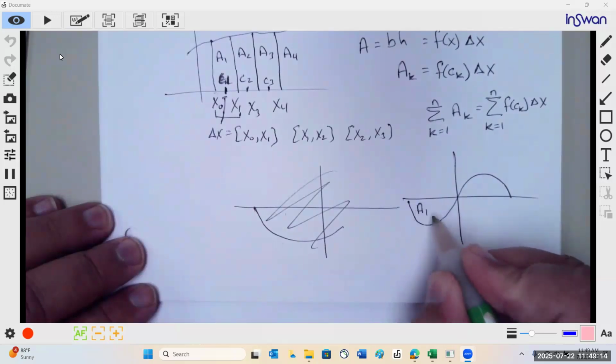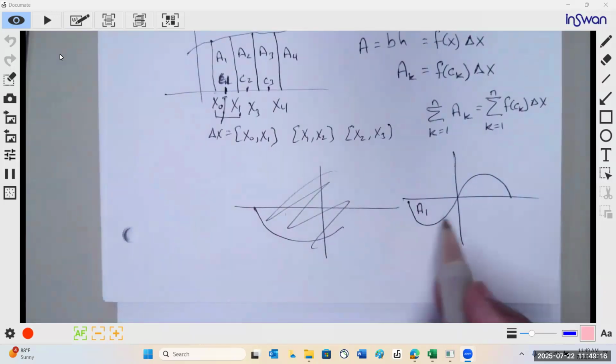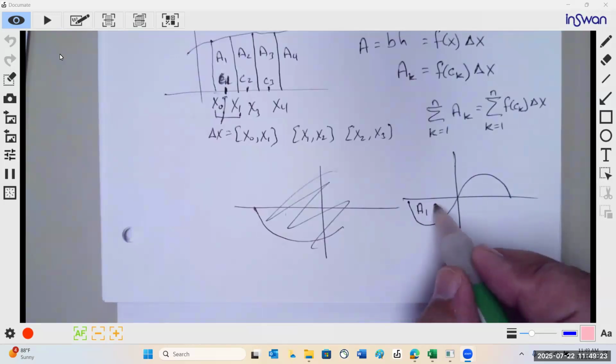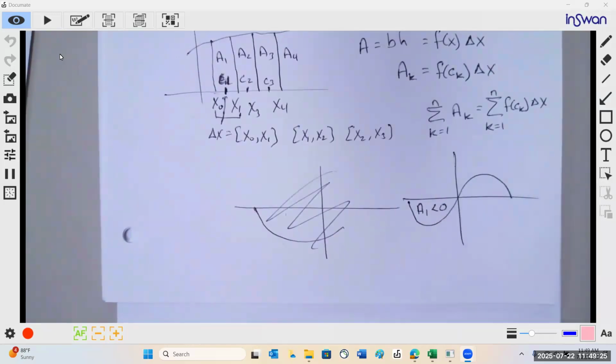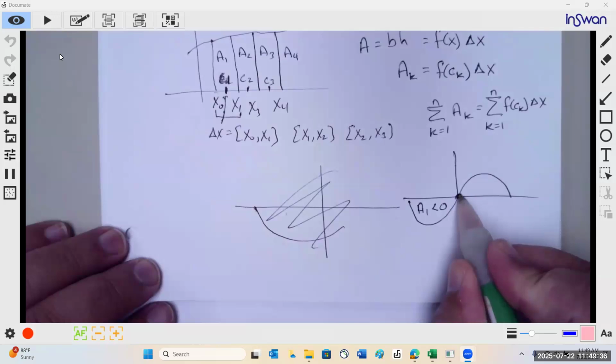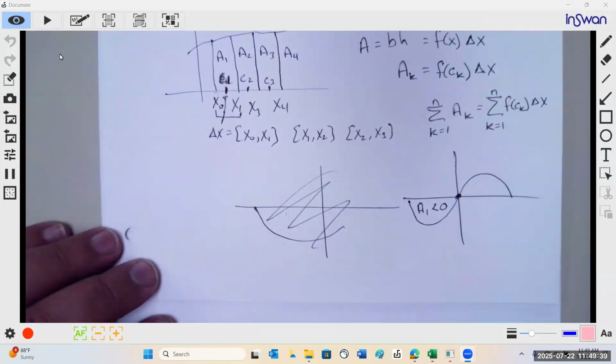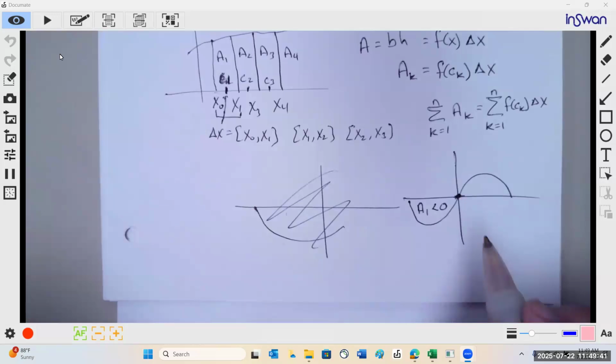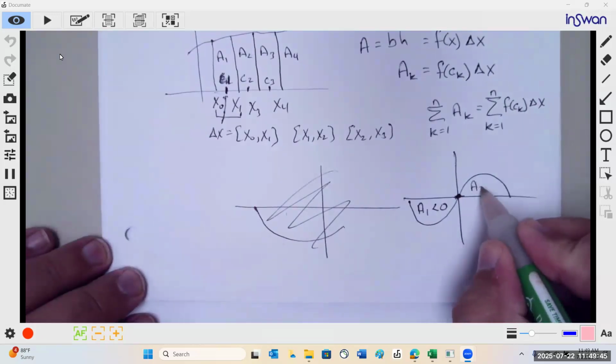Let's call this area 1. If I add up all the areas inside there, is that going to be a positive or negative value? Since it's all below the x-axis, the sum of all these will stay negative. What's the area of that interval right there? If I had a constant, it's 0. What's the area over here?